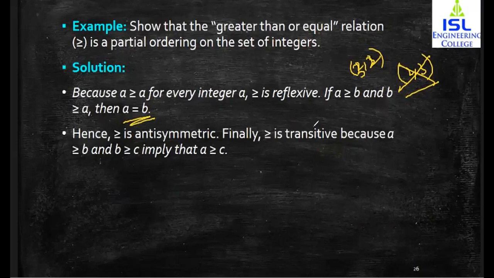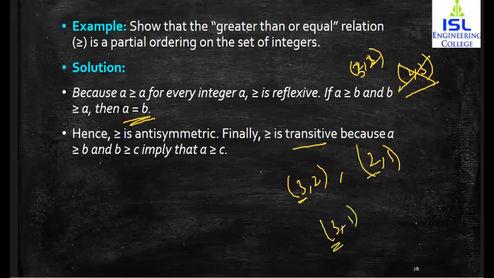So, what about transitive? If we have (3,2), can we have (2,1)? If we have 3 greater than 2 and 2 greater than 1, then obviously we will have 3 greater than 1. Hence, it is also transitive.